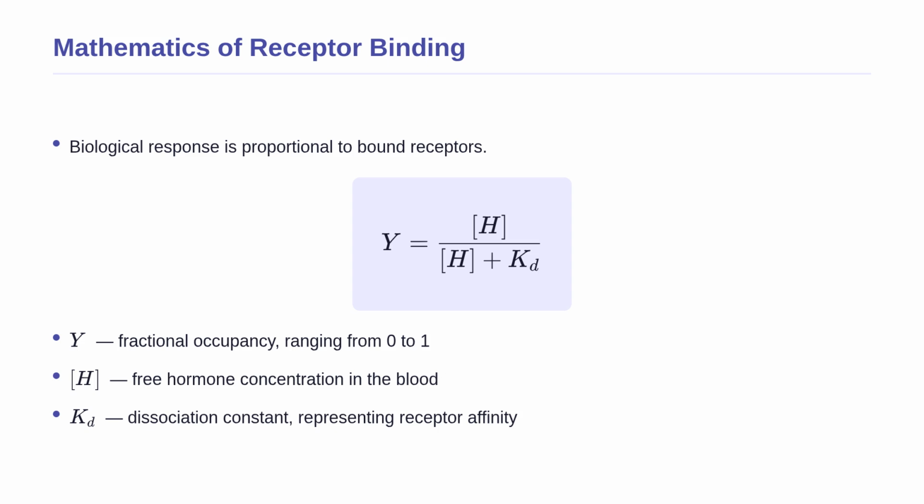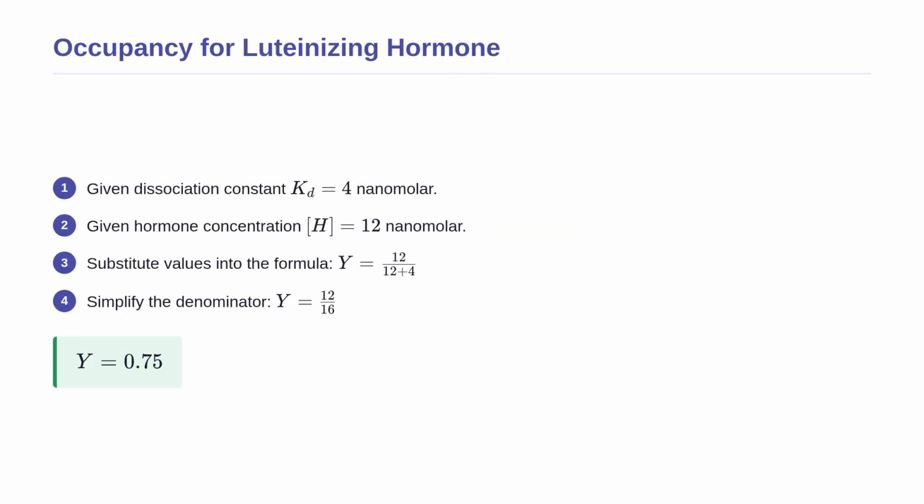[H], in brackets, is the concentration of the free hormone. Kd is the dissociation constant, which tells us the hormone concentration needed to occupy exactly half the receptors. If Kd is high, the hormone has a low affinity, meaning you need a lot more hormone to get the same biological effect.